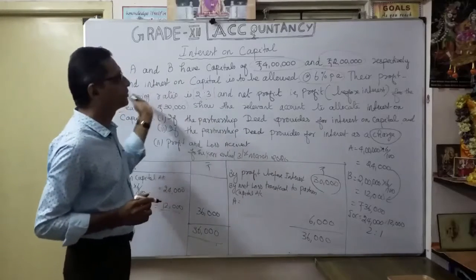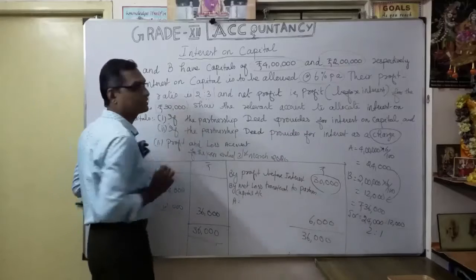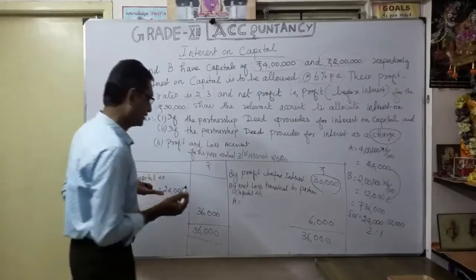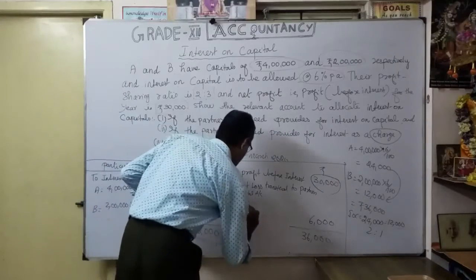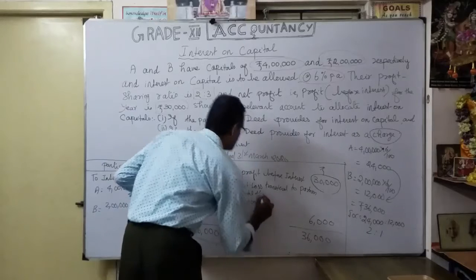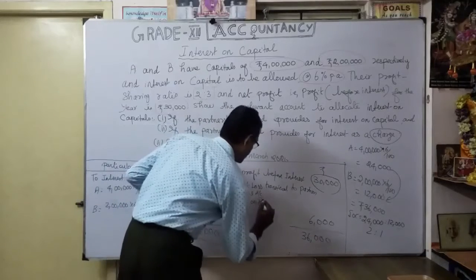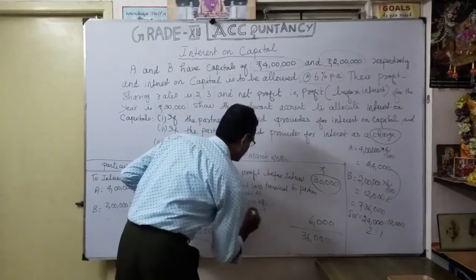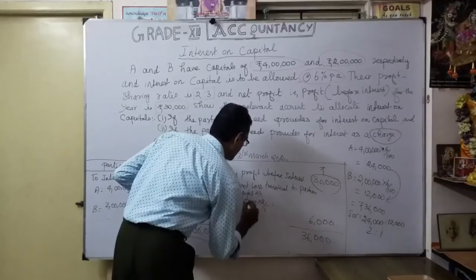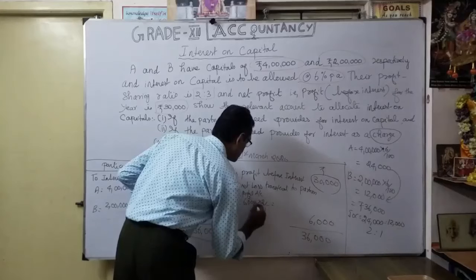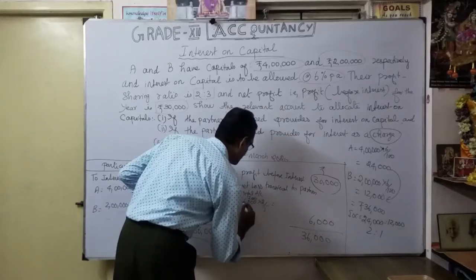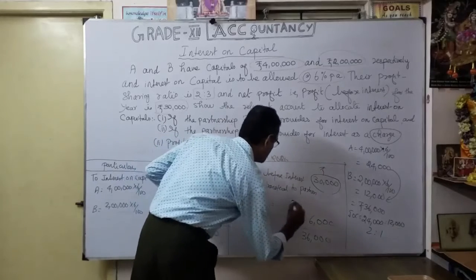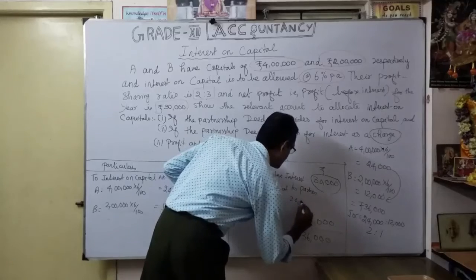The profit sharing ratio is 2:3. Loss, so here loss of 6,000 into 2 by 5. How much? 12 fives are 60, so 1,200 into 2 is 2,400.